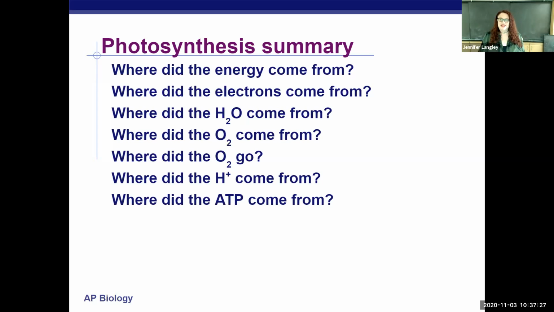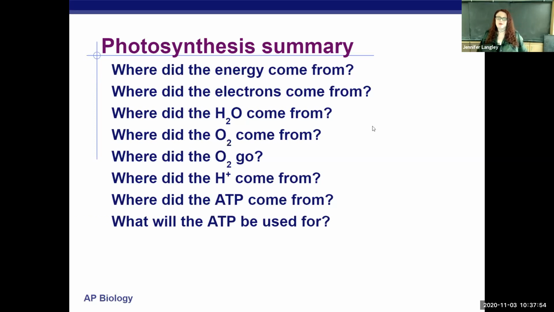ATP comes from chemiosmosis, which is, remember, we have the electron transport chain, and then we have our ATP synthase. So ATP happens in both photosynthesis and respiration, and it's through the electron transport chain and chemiosmosis.